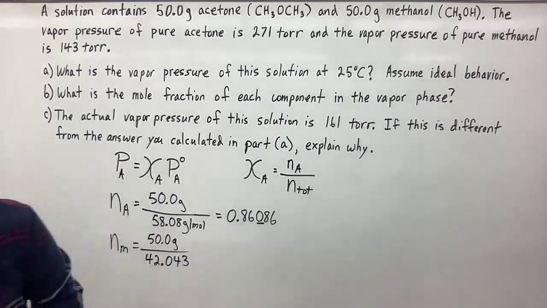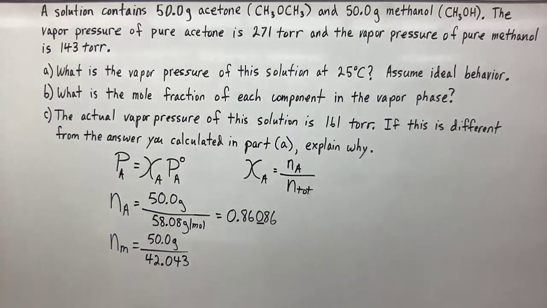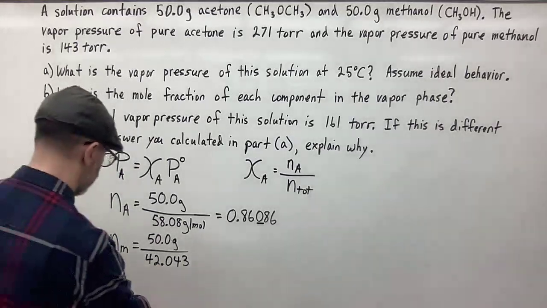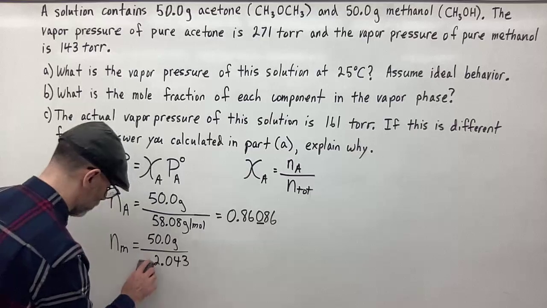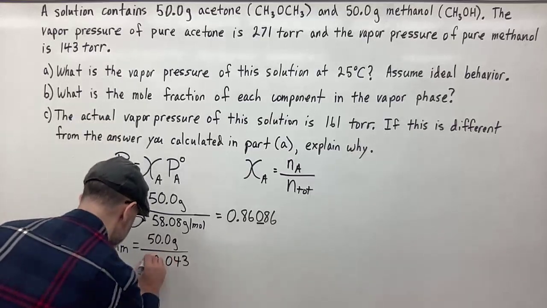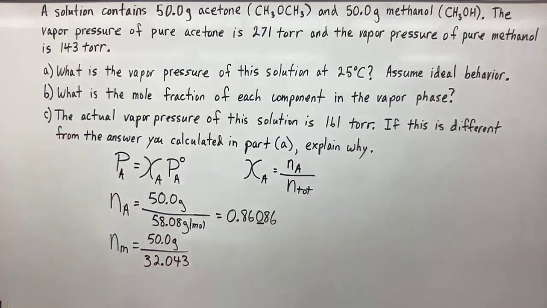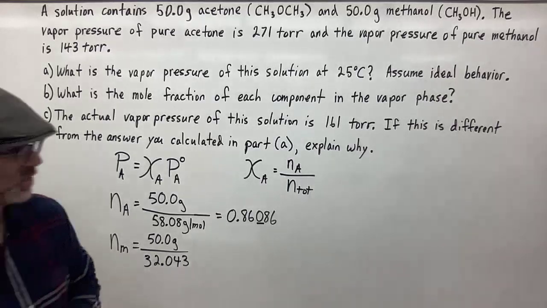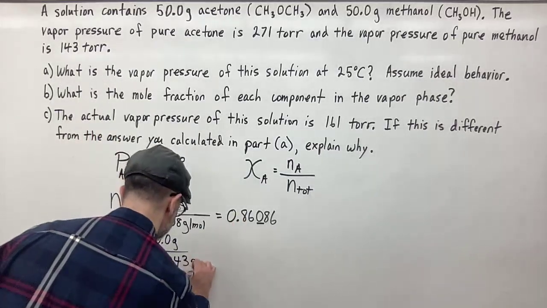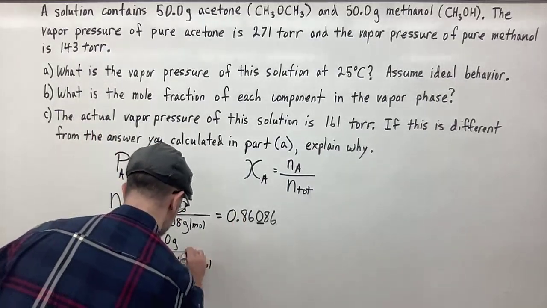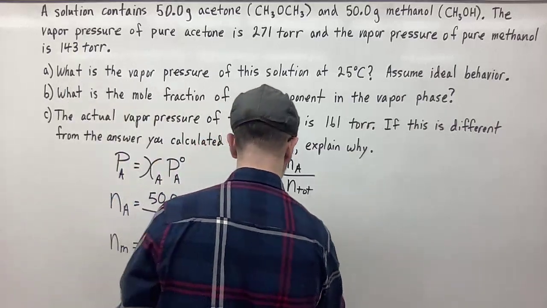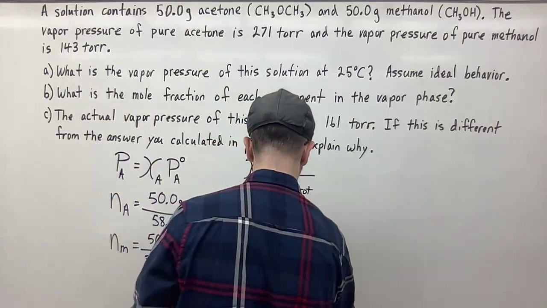Let me double check that. 32, not 42. 32.043. That is correct. And that's going to be grams per mole for the molar mass.